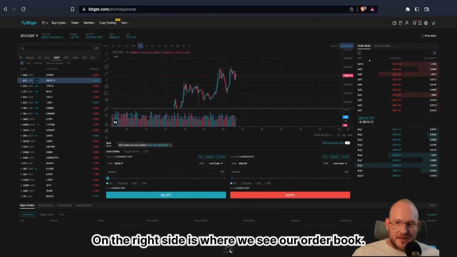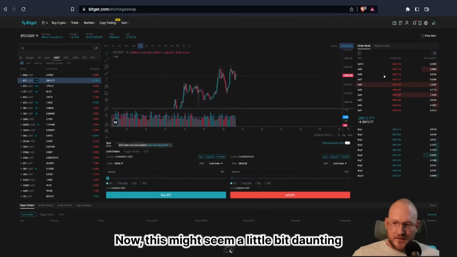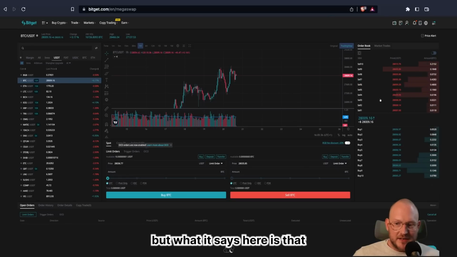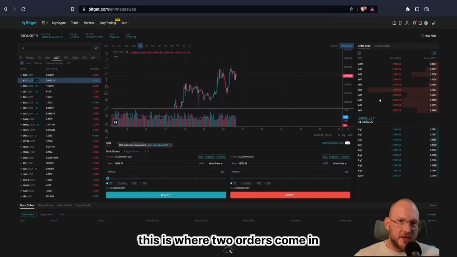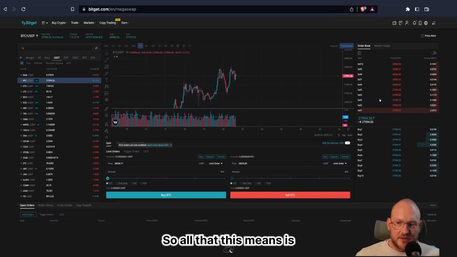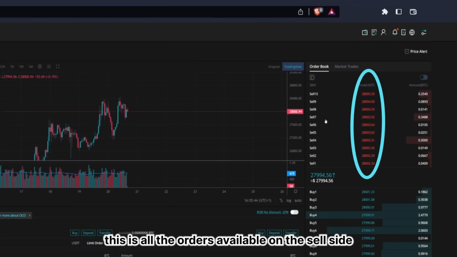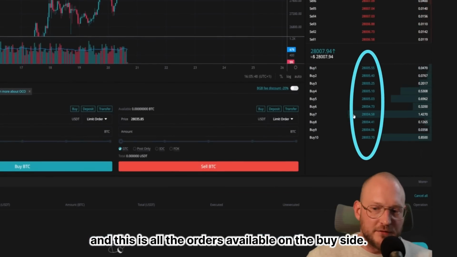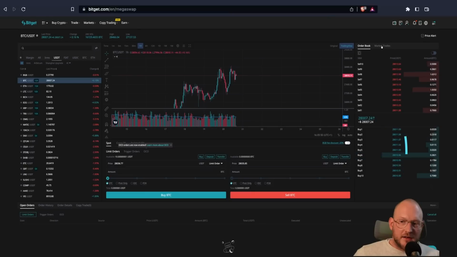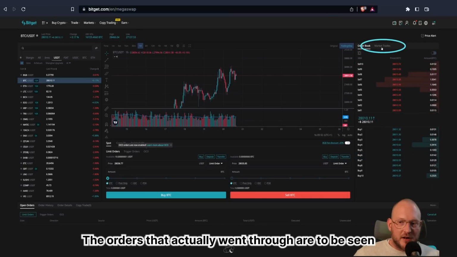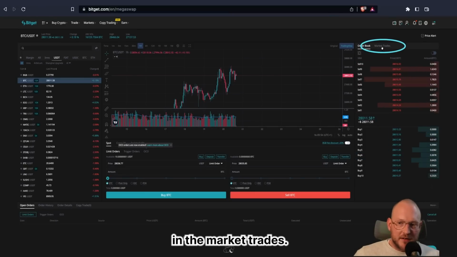On the right side is where we see our order book. This might seem a little daunting, but it shows where the orders come in and where the orders are being transacted. This is all the orders available on the sell side and this is all the orders available on the buy side. The orders that actually went through can be seen in the market trades.